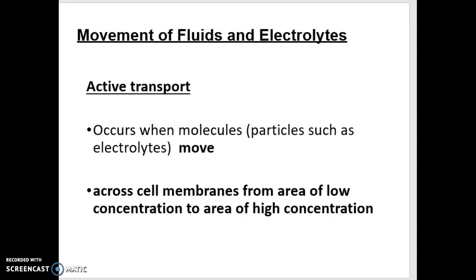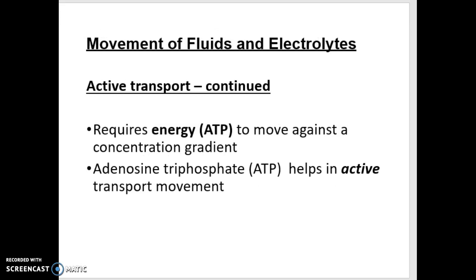But if your potassium level is a little lower in the cell than it should be, then by the sodium-potassium pump, which requires ATP as its energy, the potassium is going to enter the sodium-potassium pump on the cell membrane, and it's going to push it into the cell. It requires ATP, adenosine triphosphate.